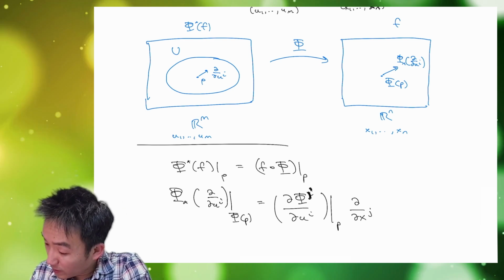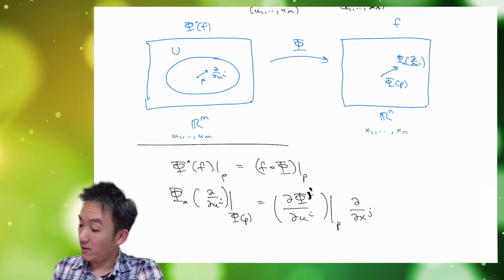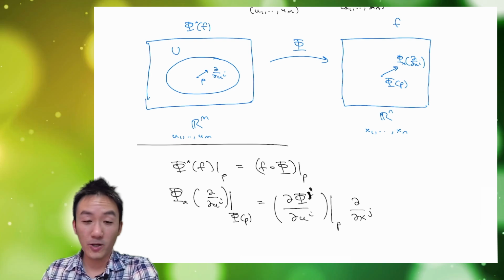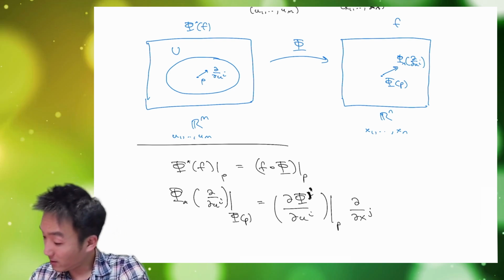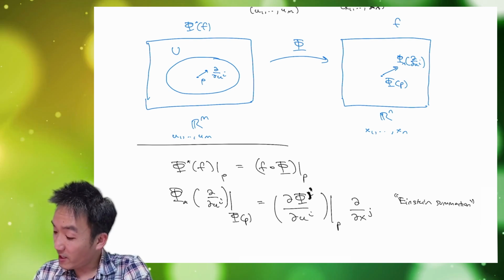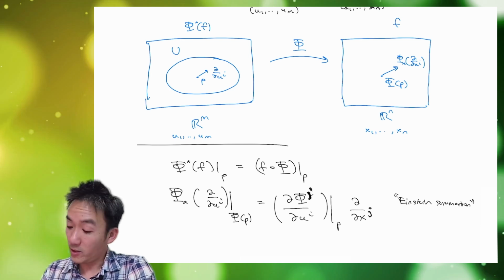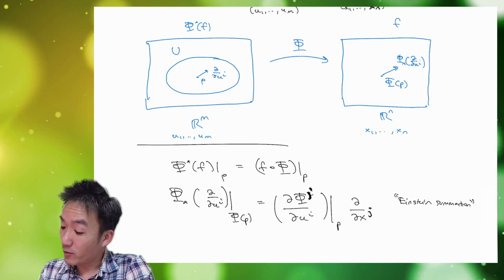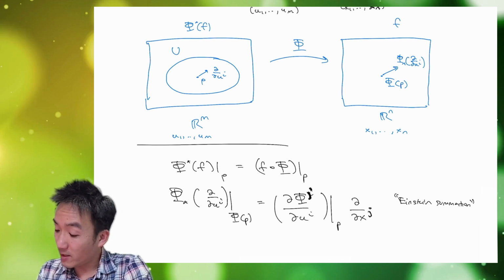I'm going to implicitly sum over repeated indices, just as a shorthand notation. This is the so-called Einstein notation, or Einstein summation. The j index is repeated, so that's implicitly summed over. I pick an i from 1 through m and push forward the ith coordinate tangent vector.